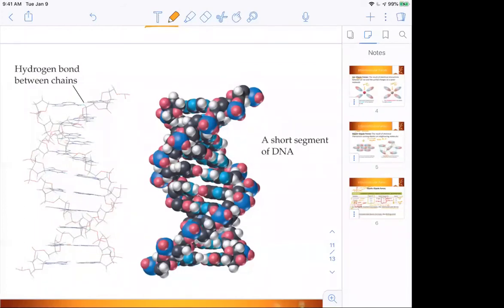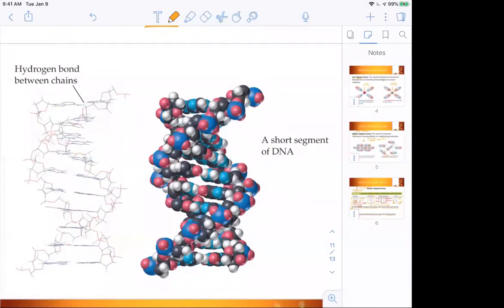Hydrogen bonds are relatively strong, but in order for DNA to replicate, I also have to break them apart so I can induce replication in my DNA strands. So those strands have to uncouple and break apart.